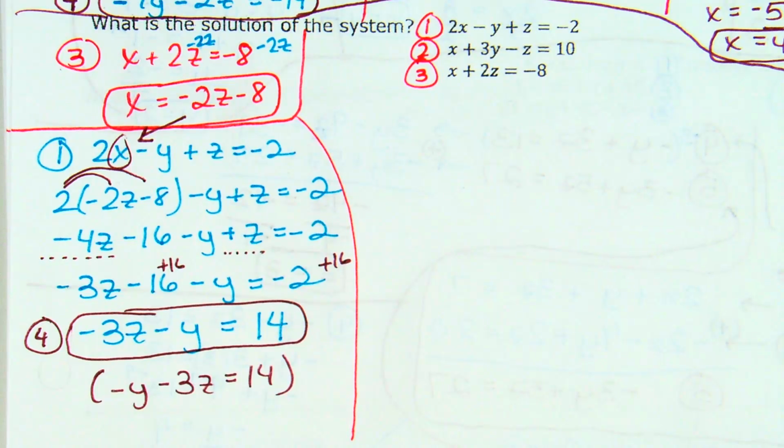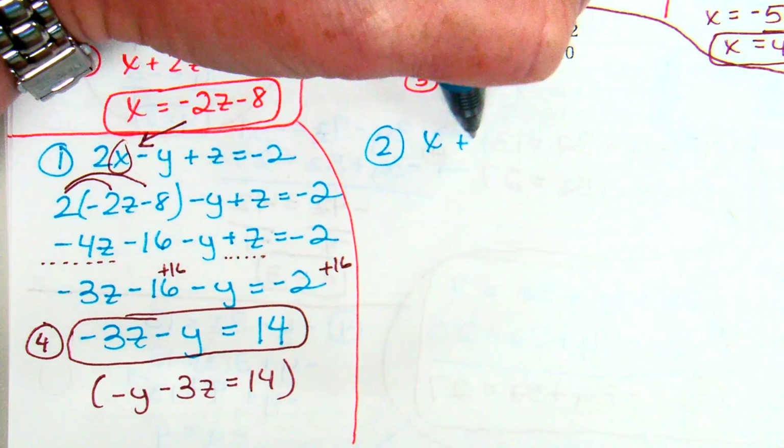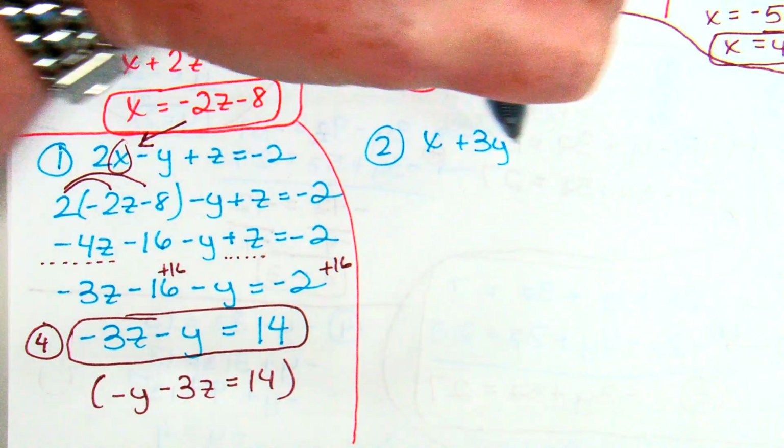How do I get equation 5? This time 3 is going into 2. So let me write out my 2. x plus 3y minus z equals 10.